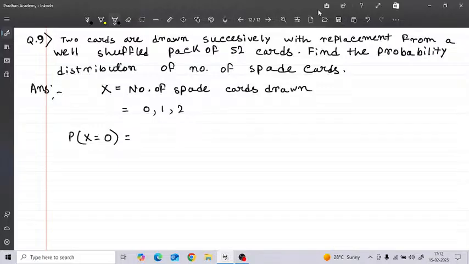So the probability of not getting a spade card is 3 by 4.